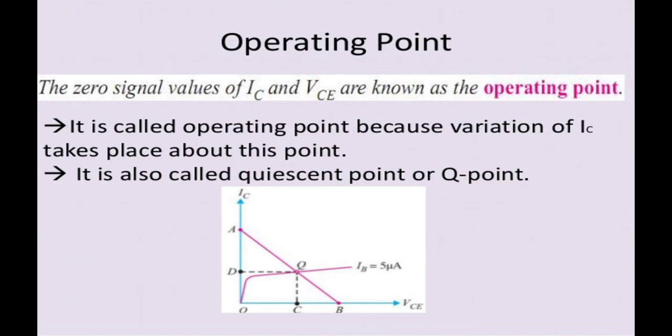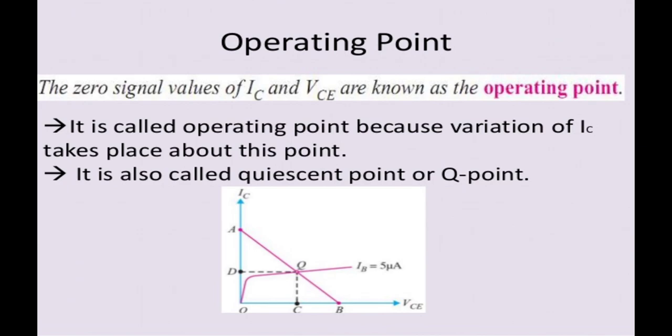Next we saw the amplification factors: alpha, beta, gamma, and how they are calculated for common base and common collector. Then the comparison between common base, common collector and common emitter: input resistance, output resistance, voltage gain, current gain, and current amplification factor.